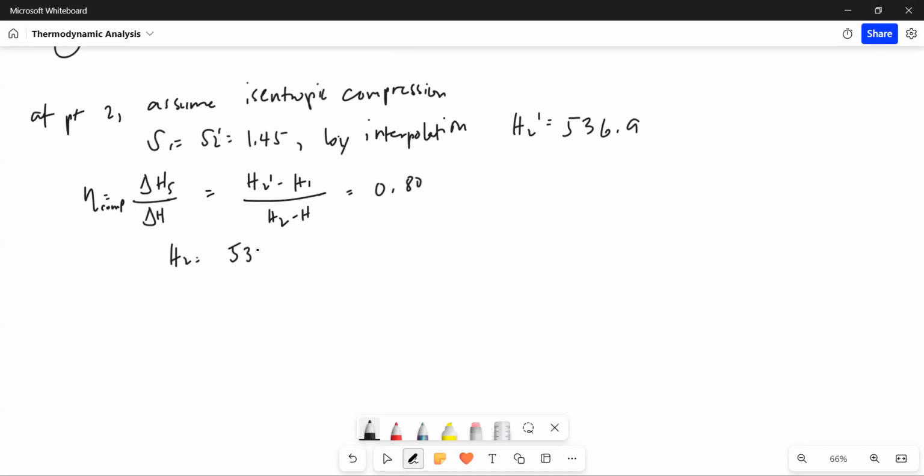We get 536.9 minus 407 divided by 0.8, plus 407. H2 actual is 569.375.